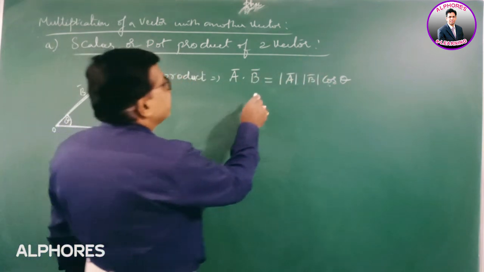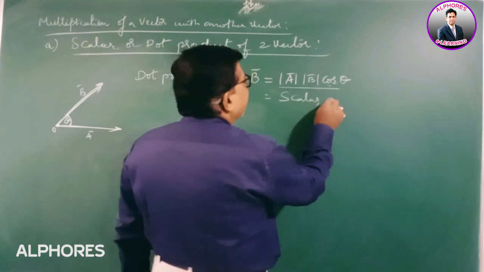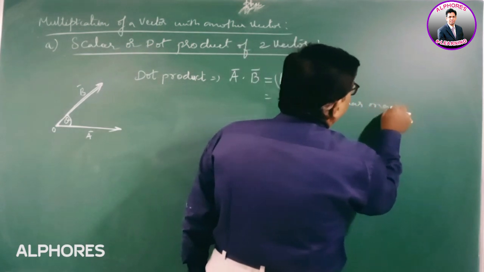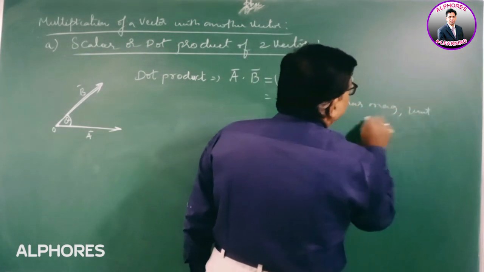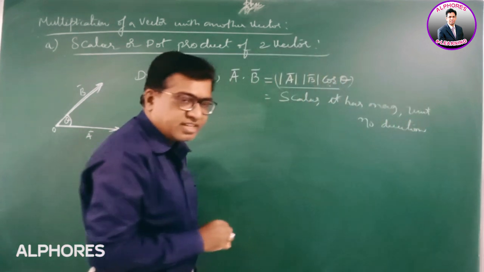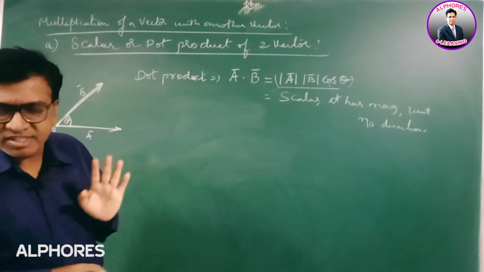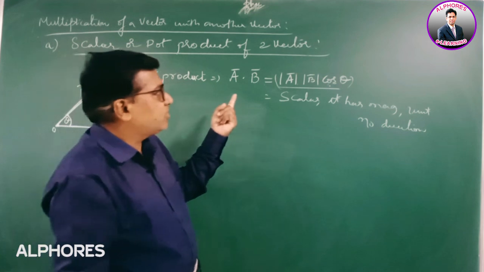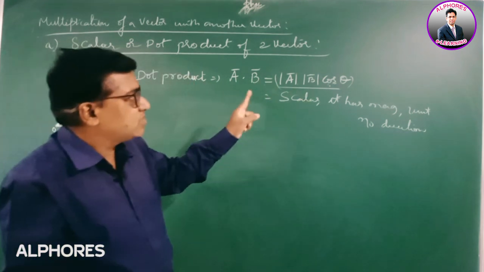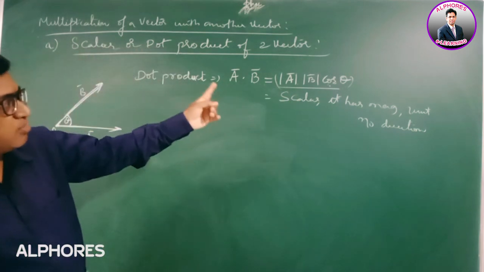The result is a scalar; it has magnitude and units but no direction. Even if it has a direction, it has no significance. So the dot product of two vectors is the product of the magnitudes of the vectors and the cosine of the angle between them. So A dot B is mod A mod B cos theta.